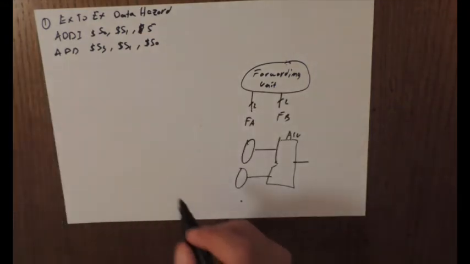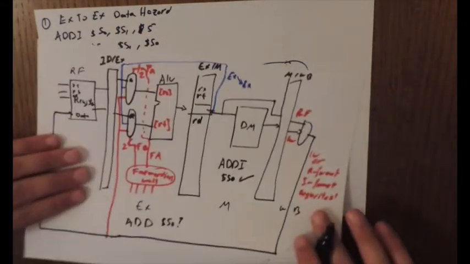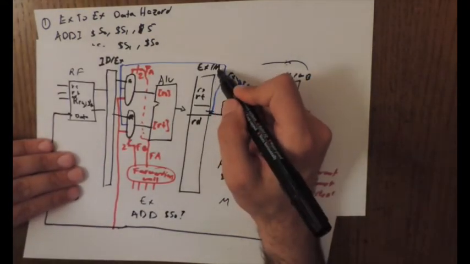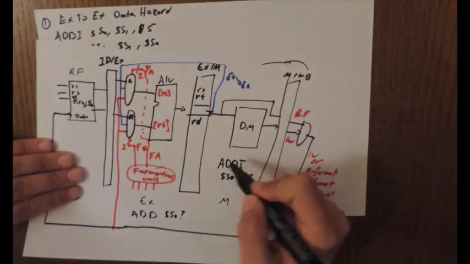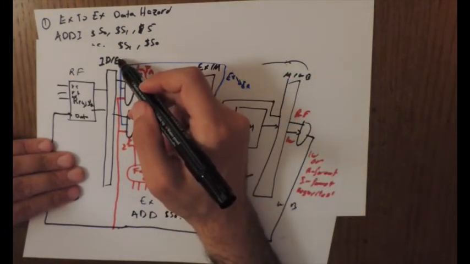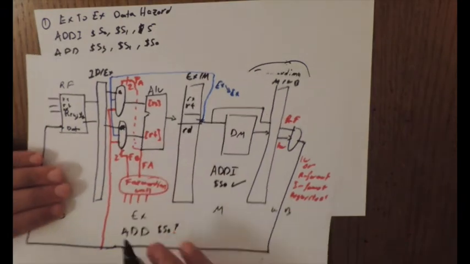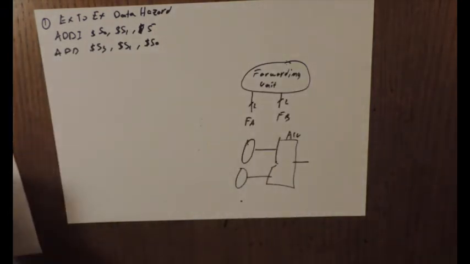So remember, the pipeline register EX over memory is the one for the first add, and ID over EX is the pipeline register for the second add. I'm going to write them here in a different color.